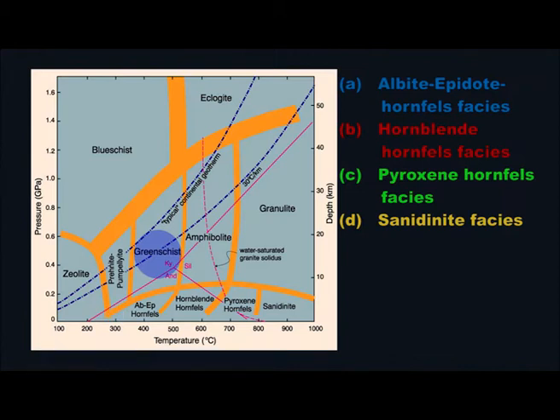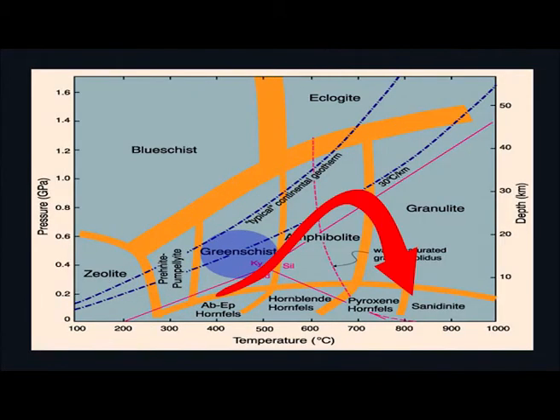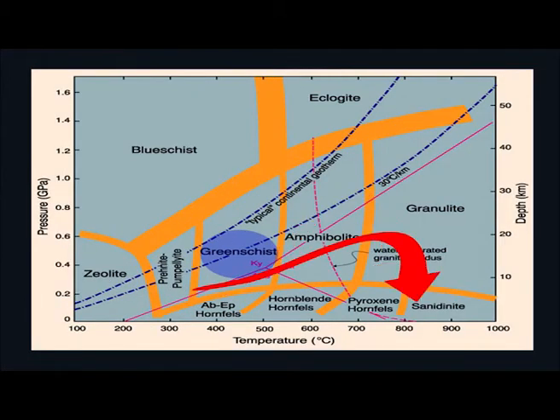First, albite, epidote, hornfels facies. Second, hornblende, hornfels facies. Third, pyroxene, hornfels facies. Fourth, sanidinite facies. If you move from albite, epidote, hornfels facies to sanidinite facies, the temperature of metamorphism increases.